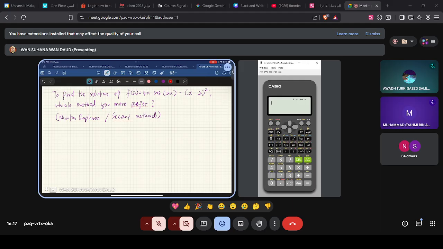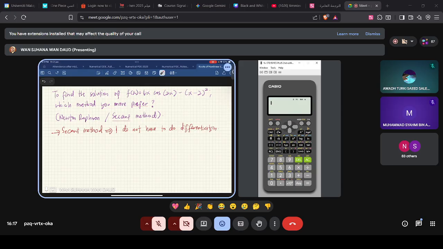Okay. If you ask me, I will choose the secant method. The reason is that I do not have to do differentiation. We have f(x) = 4x cos 2x - x - 2, and it is so difficult to do the differentiation in this case.